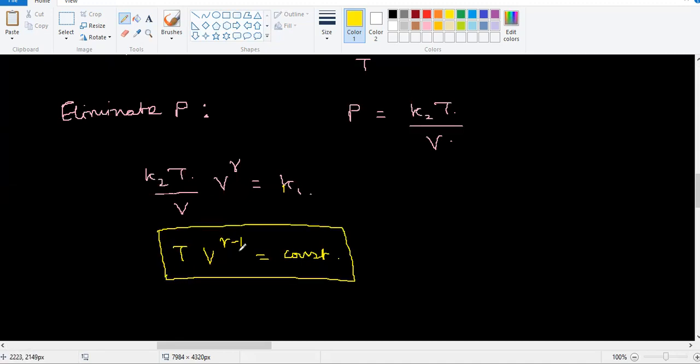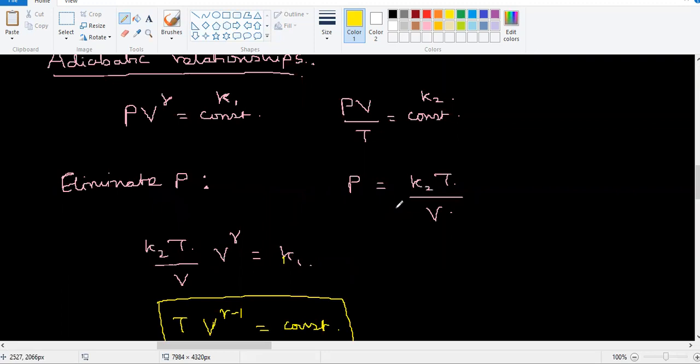PV power gamma equal to constant is one relationship for adiabatic, and this is another. Anybody not following this? Take it down properly. I'm just using the ideal gas equation and the adiabatic equation. PV is equal to mu RT, T comes on this side, and mu into R becomes a constant.